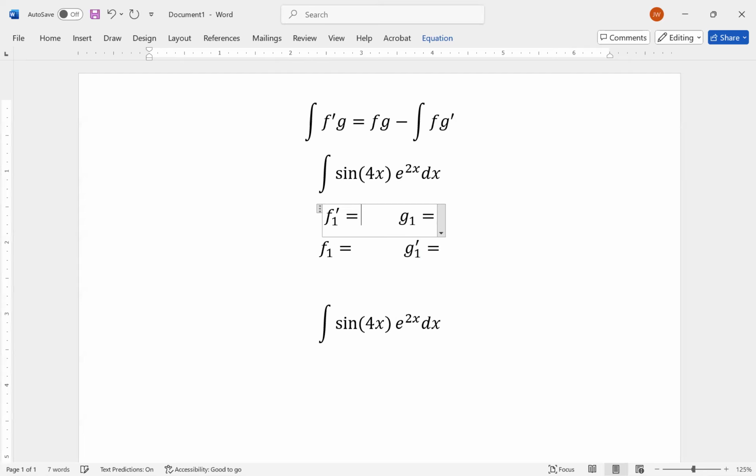So I'll do this with subscripts. And it also kind of turns out that it doesn't matter which one you call your f prime and which one you call your g. So I think I'll call my f prime e to the 2x. And I'll call my g sine of 4x.